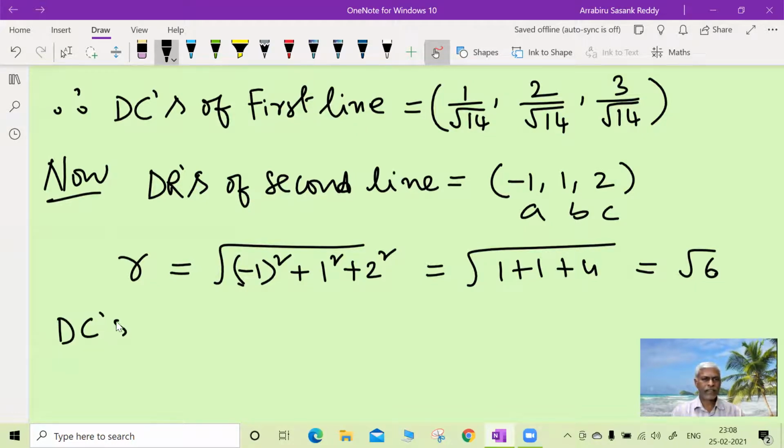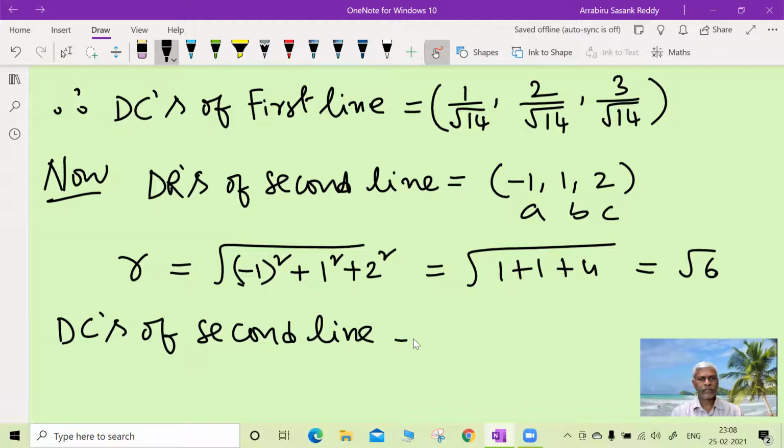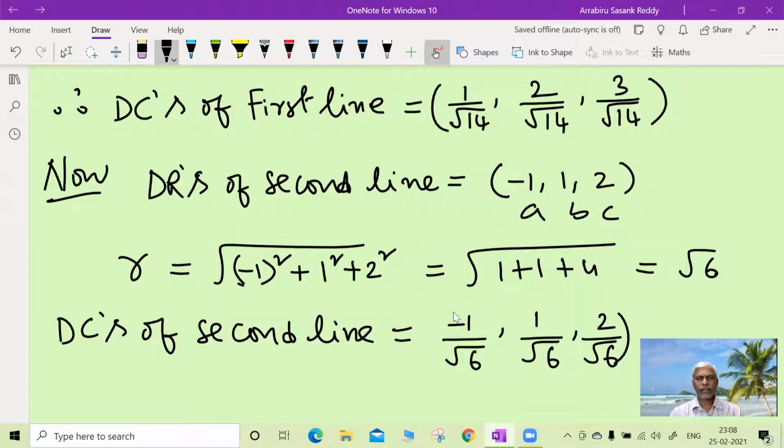DC's direction cosines are -1 by root 6, 1 by root 6, 2 by root 6.